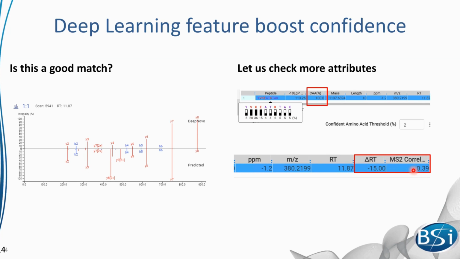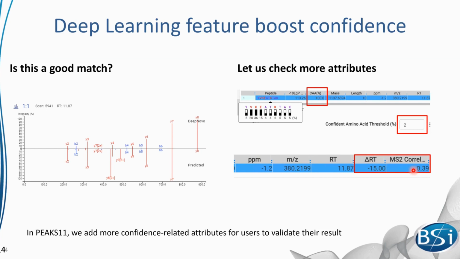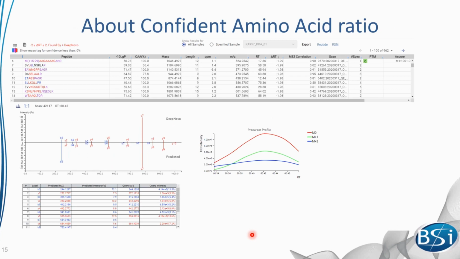So based on this, we can say this is not a good PSM, and we can filter it. So in Pix11, we add more confidence-related attributes to help the user validate their results. And then let's explain more about the CA values.